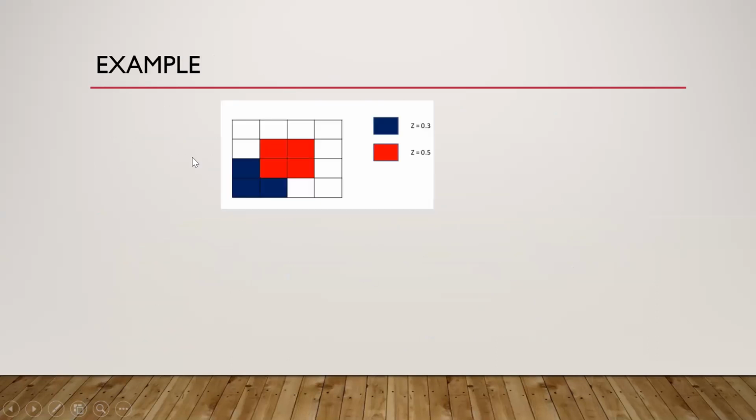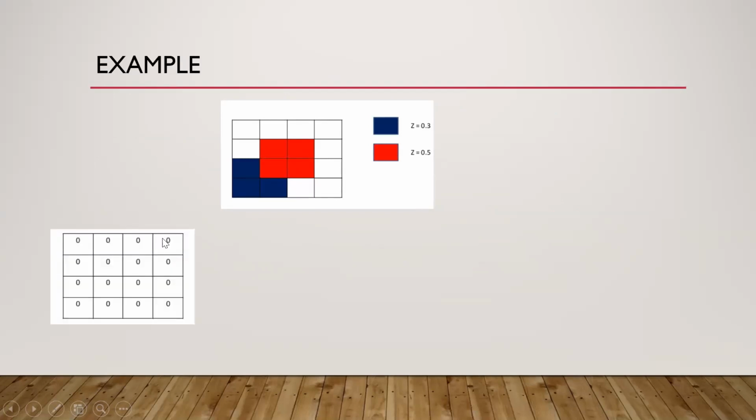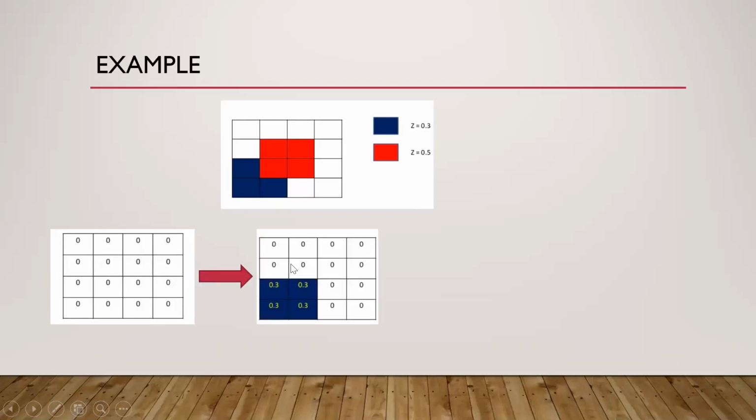So this is an example of what I just explained. This is my final image, what I expect, and you can see the z value of the red colored pixels is z equal to 0.5, and the z value of the blue colored pixels is z equal to 0.3. Initially all the z values are set to 0. After that, you take a particular pixel under consideration and check whether it is greater than the current z value.